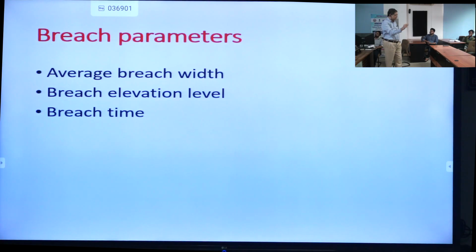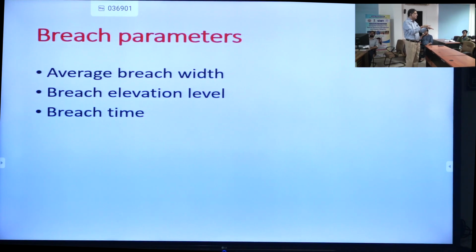Why? Because as the breach section develops, the reservoir water is getting released. That means after some time there is not much load on this breach because most of the water has already been released. Therefore, it will attain something called the equilibrium or the final breach level.